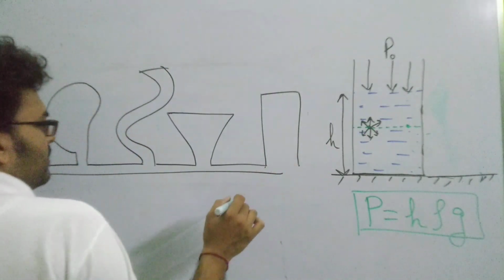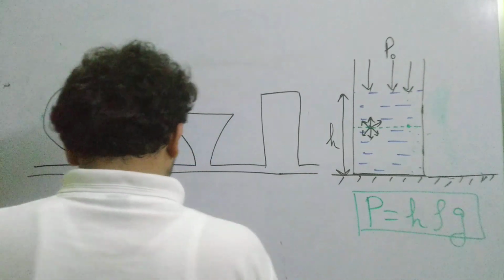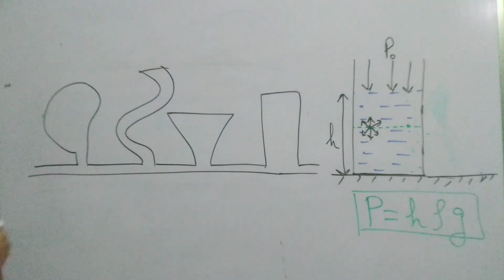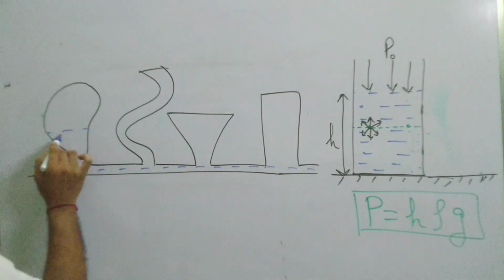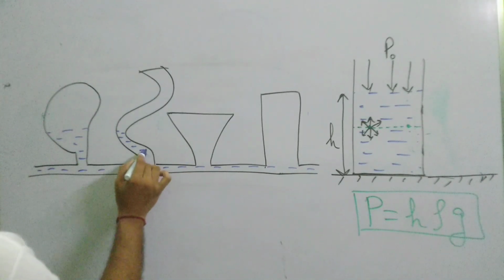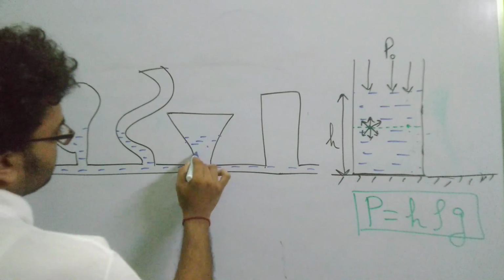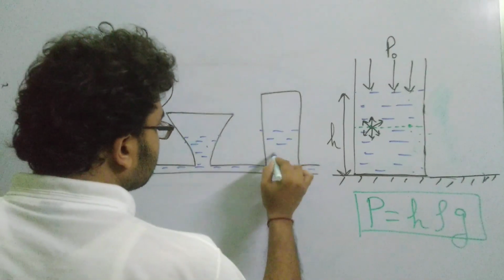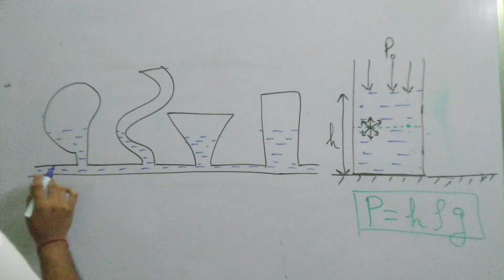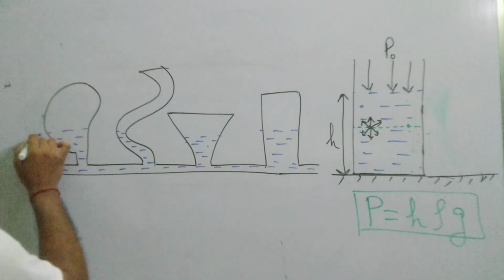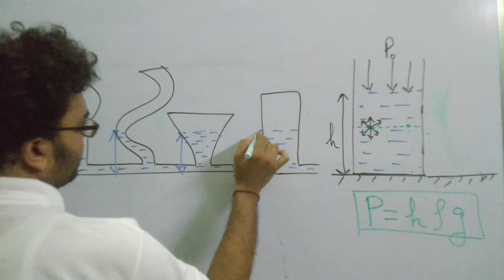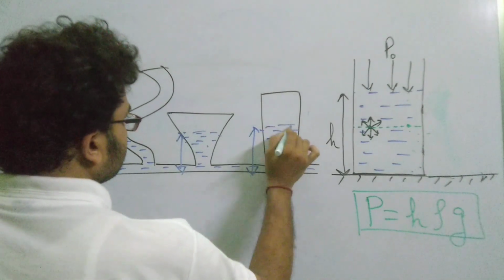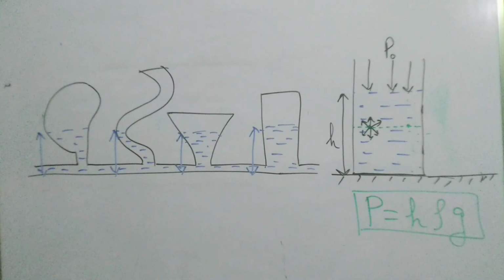Now what happens if water flows through this bottom common part? It is seen that in all the containers the water rises to the same vertical height. If I consider this to be the horizontal level, then this height will be the same in all. So this is what it says: liquid seeks its own level.